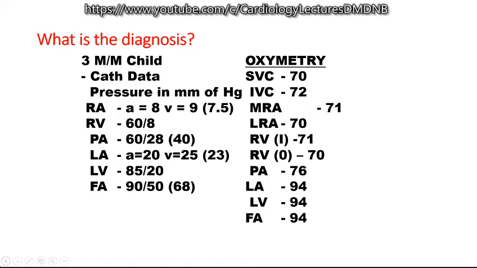Okay, right? Yes. Then the other one is preferential flow from IVC to LA via the patent foramen ovale or ASD, sir.